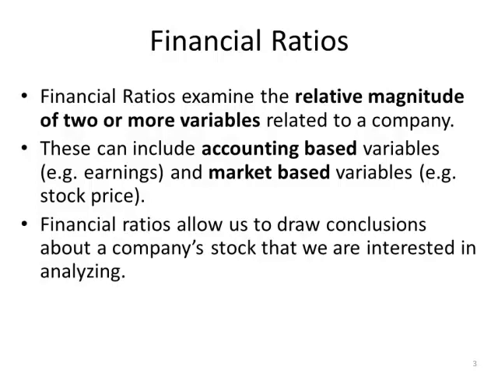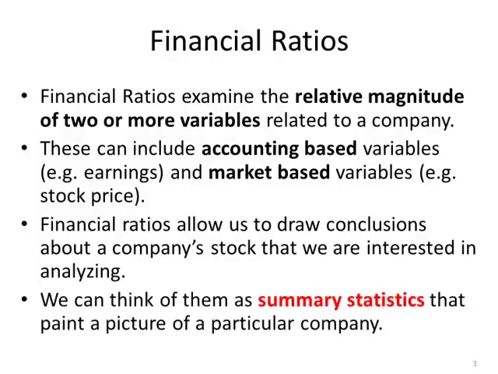So why do we use financial ratios? Well, financial ratios allow us to draw conclusions about a company's stock that we are interested in analyzing. Often when you look at a set of accounts, there are a lot of numbers in there, and because there are so many numbers, it may be difficult to make sense of what's going on. Financial ratios allow us to consolidate the information into nice little summary statistics.